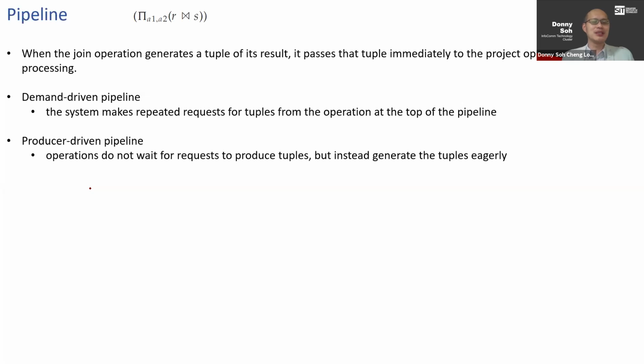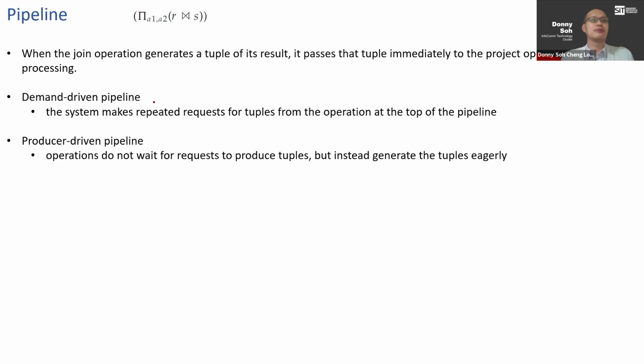For joins, maybe you want to be a bit safer and use materialization, because if you use pipeline for joins, the danger is that your memory may not be able to fit everything. Pipeline just means that you pass it on to the next operator for processing.